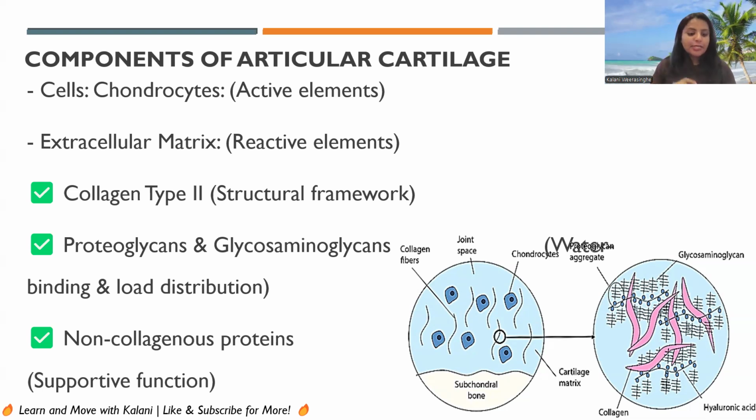This extracellular matrix is made up of collagen, proteoglycans, and glycosaminoglycans, and because of those, it provides the unique biomechanical properties of cartilage tissue. As we are all aware, proteoglycans and glycosaminoglycans are essential as they bind water, making the cartilage resistant to compressive forces.